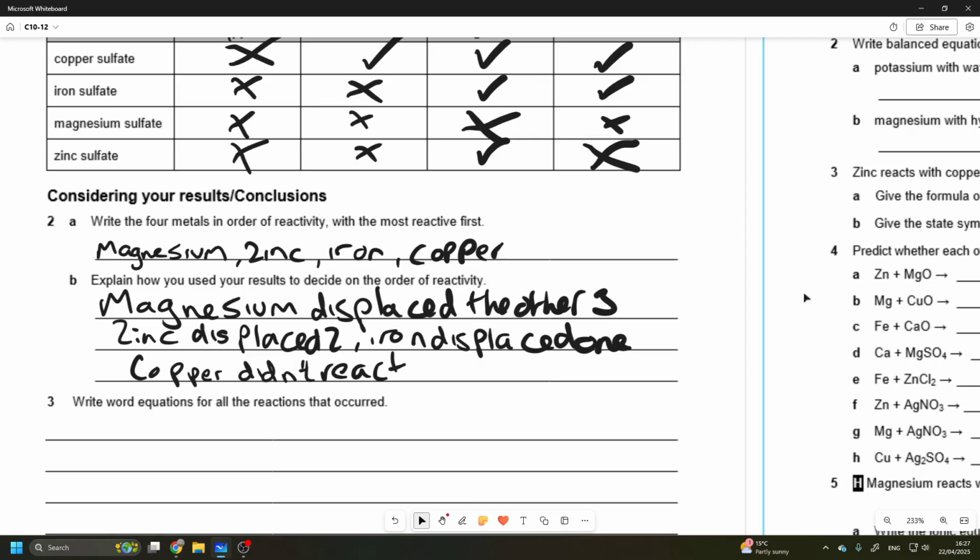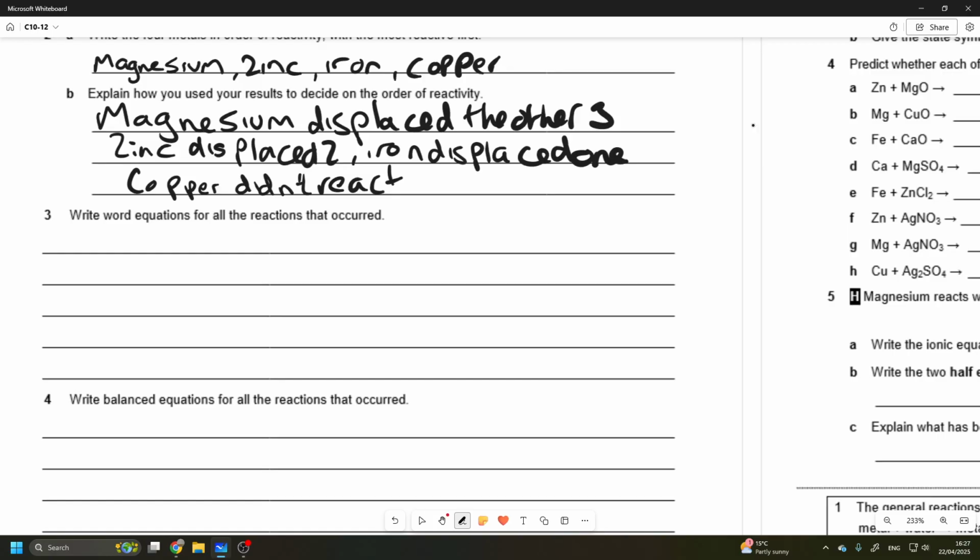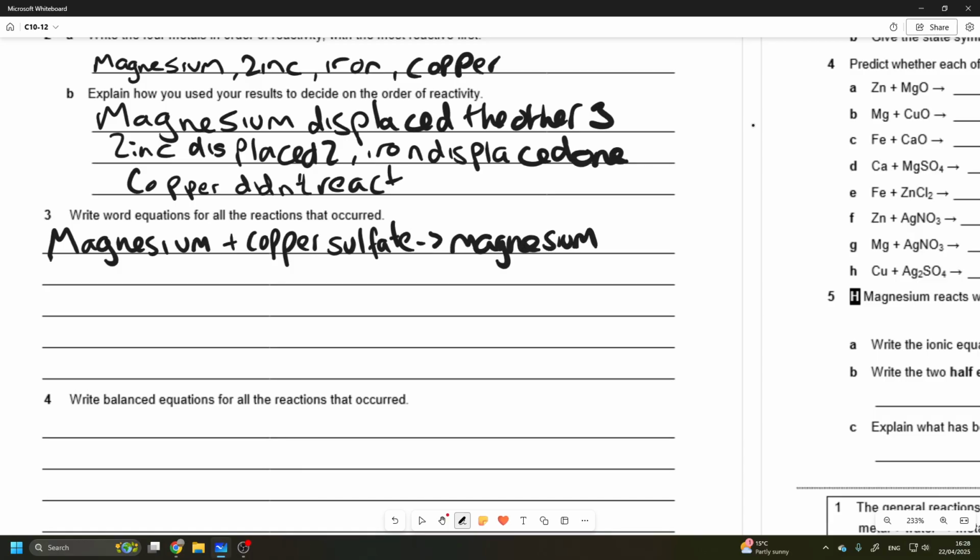Okay, it says write word equations for the reactions that occurred. So we've got magnesium plus copper sulfate makes magnesium sulfate plus copper.